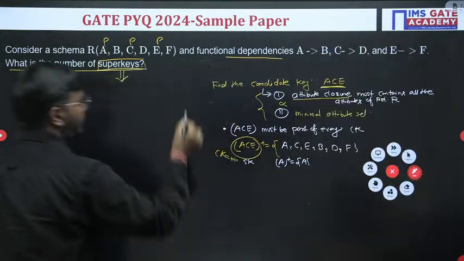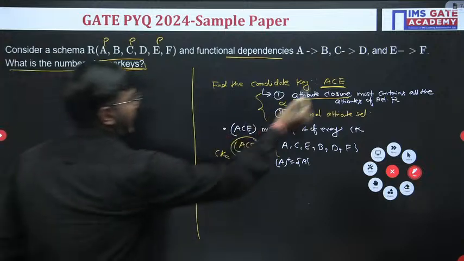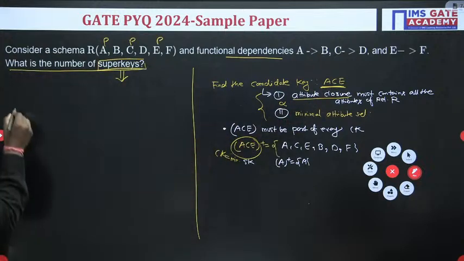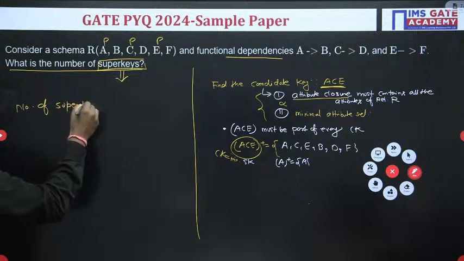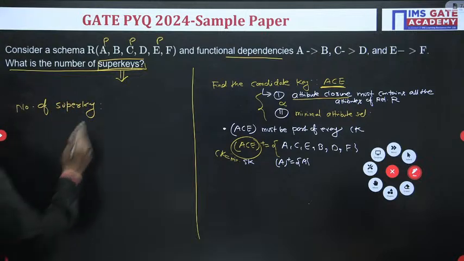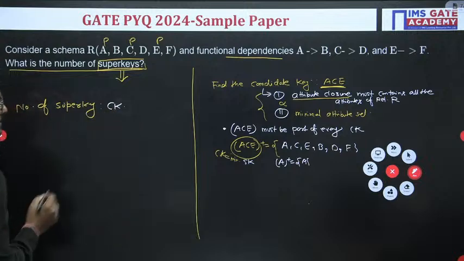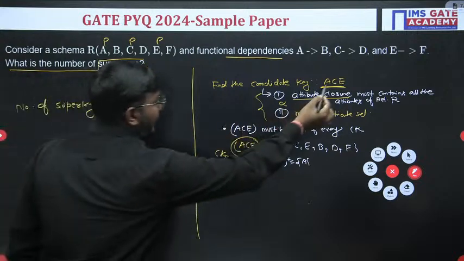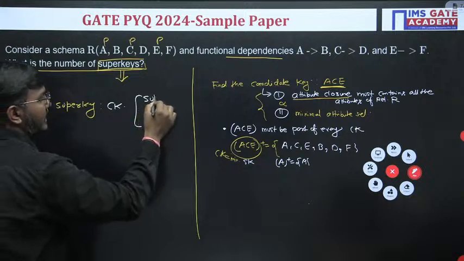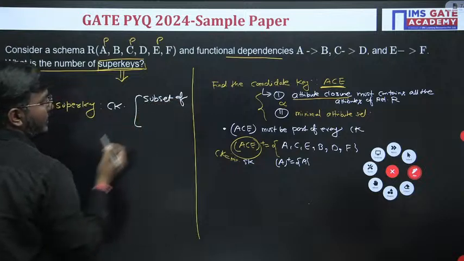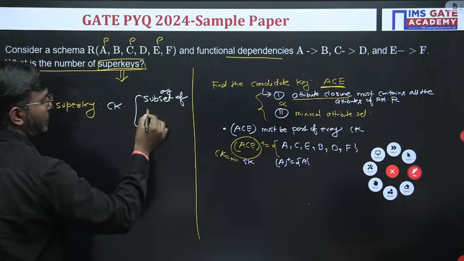Okay, see here. So the candidate key is ACE. Then again, in the classroom we have discussed the number of super keys. If I take the candidate key and attach any subset of the other attributes, it forms a super key.